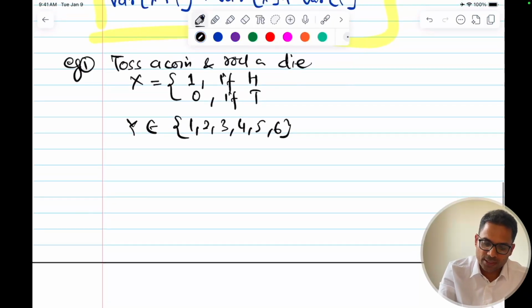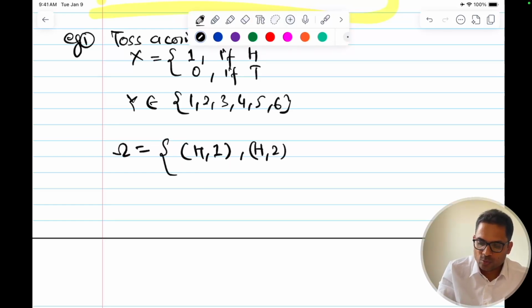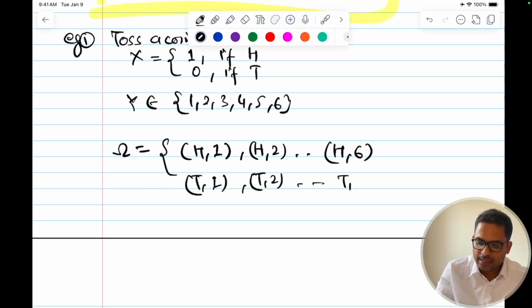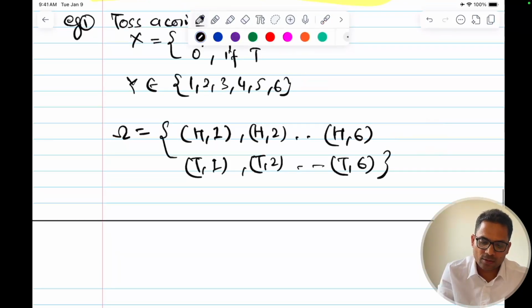Generally all the possible outcomes will be head and 1, head and 2, like this till head and 6, and then tail and 1, tail and 2, till tail and 6. So these are the possible 12 outcomes: 2 into 6, 2 from here, 6 from here. And here obviously X and Y are independent.